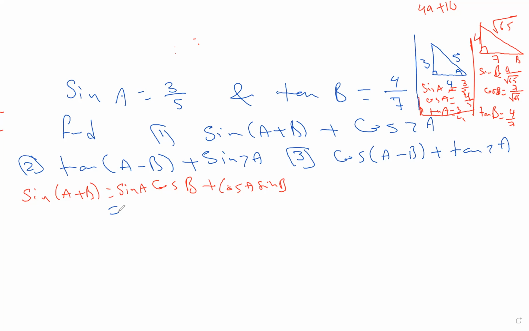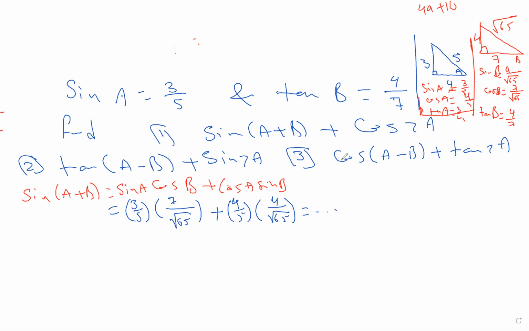Sine A is 3 over 5 times cosine B, which is 7 over root 65, plus cosine A, which is 4 over 5 times sine B, which is 4 over root 65, and find the final answer.